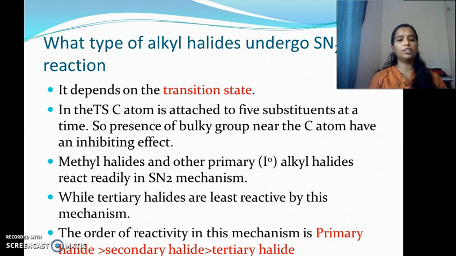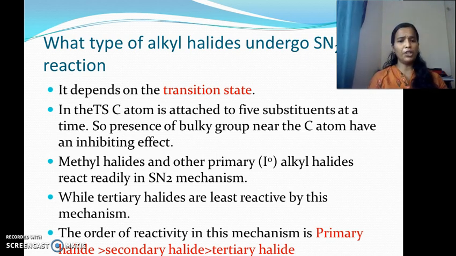So if more bulky groups are present, the reaction is not possible, or the reaction takes time to go to the product. So depending upon the transition state, only small groups can undergo reaction by the SN2 mechanism. Bulky groups cannot undergo reaction, or it will be very slow. The reaction will be very slow for bulky substituents.